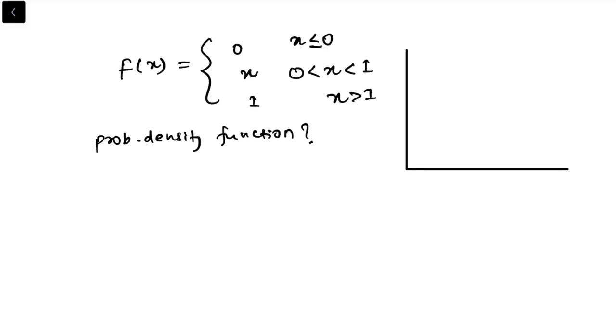On the x-axis we have the random variable x, and on the y-axis we have the CDF. You can see that in the range 0 to 1, suppose this is 1, the graph is a straight line passing through the origin, right?